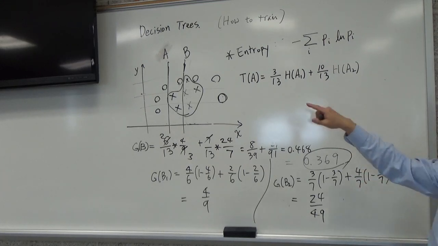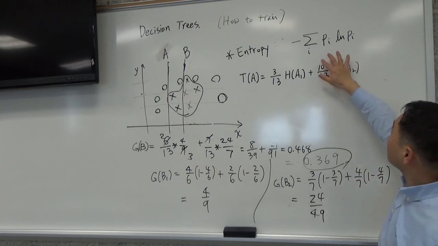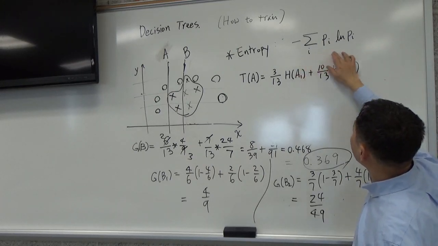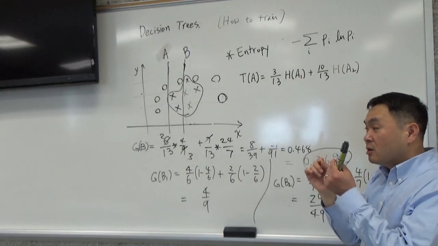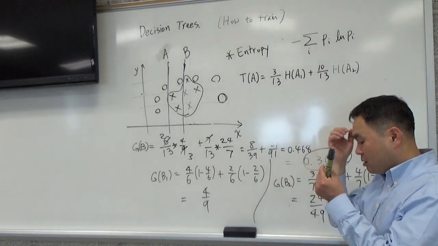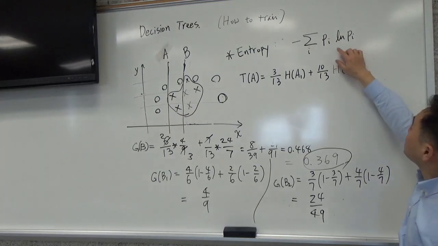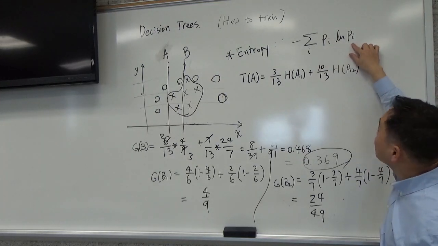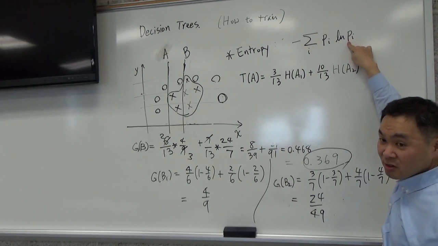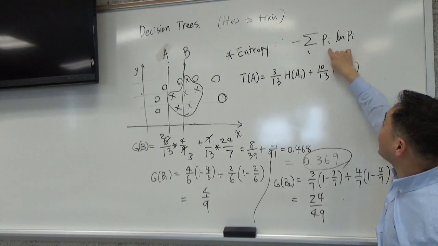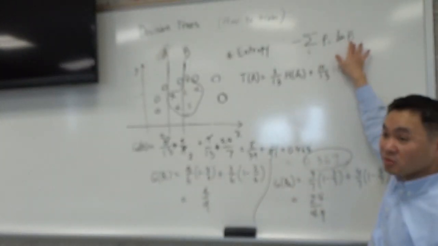So you want to figure out the one with the lowest entropy because, again, if you plug in 0 here, it becomes 0, right? Also, when p_i is close to 1, ln of 1 is 0, right? So this again gives you a value close to 0.